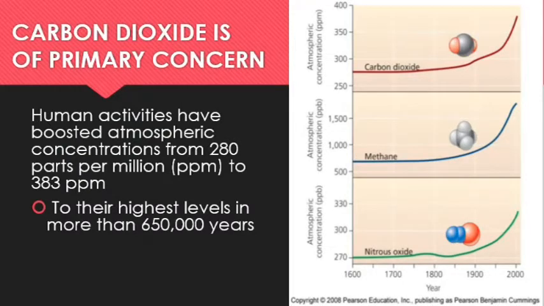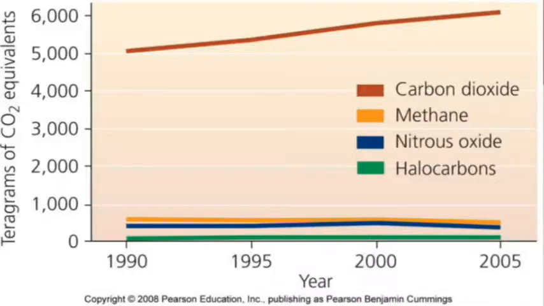So carbon dioxide is the primary concern sa greenhouse effect. So human activities have boosted, naparami nila ang atmospheric concentration from 280 parts per million to 383 parts per million. In fact, this is one of the highest level for more than 650 years. So, ito pa yung other gases na mataas sa ozone, sa atmosphere natin.